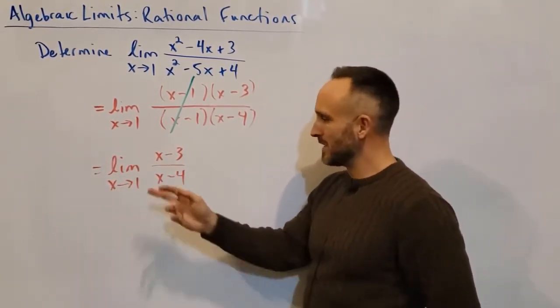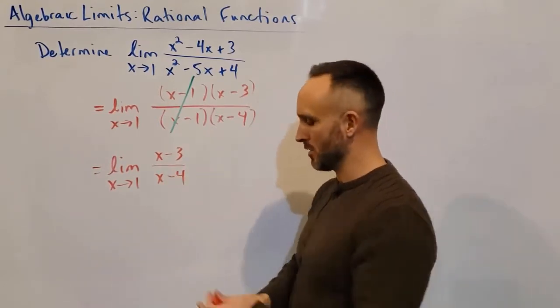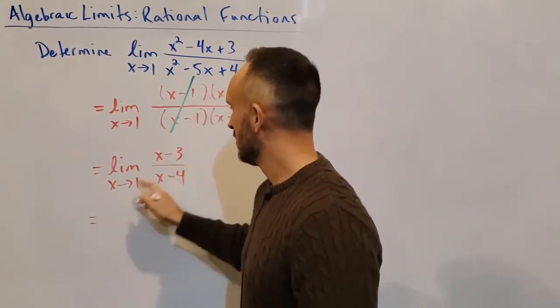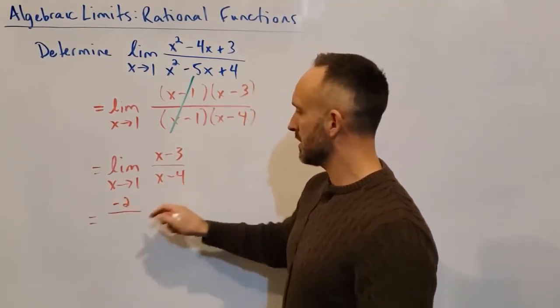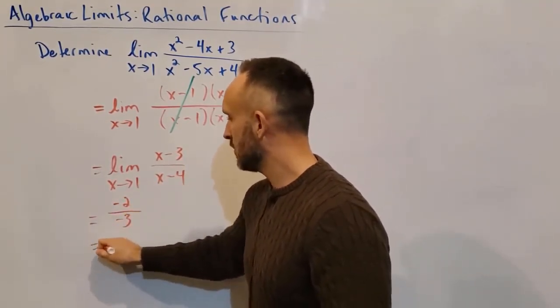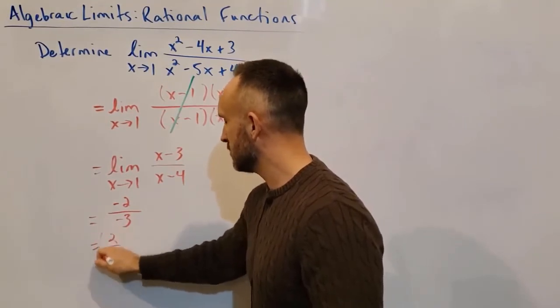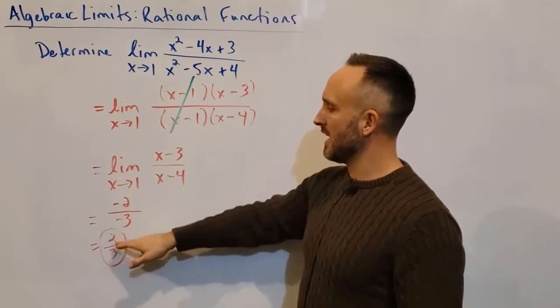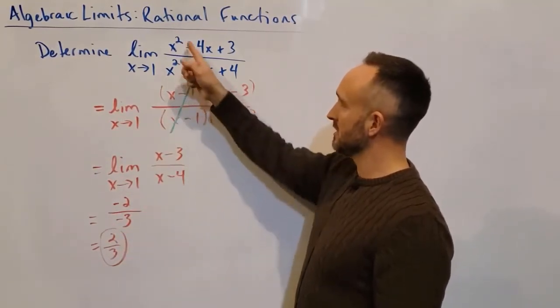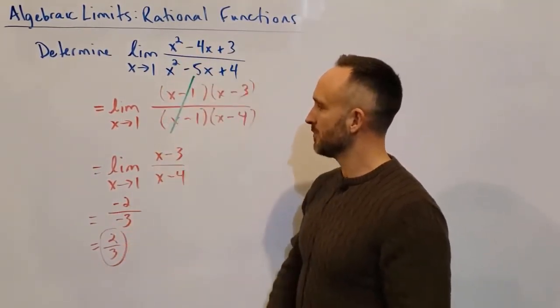And the answer is yes, because the denominator is not 0 anymore. So now we just get 1 minus 3, which is negative 2, over 1 minus 4, which is negative 3, which simplifies to positive 2/3. Okay, so as x approaches 1 from both sides, this particular rational function goes to 2/3.